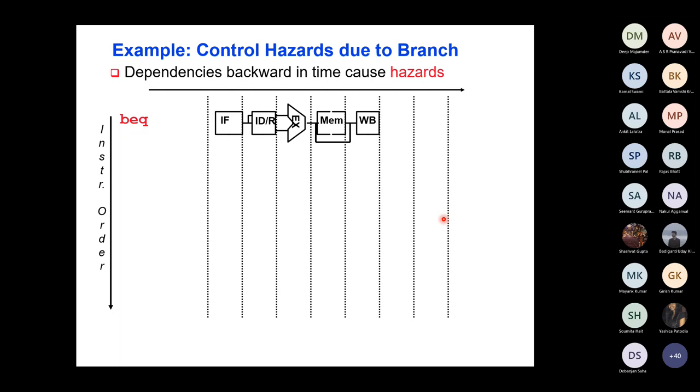The content of the PC would be PC plus 4 if the branch is not taken, or PC plus 4 plus the target offset if the branch is taken. If you remember the overall implementation of the processor, there is specific hardware that takes care of this PC update operation. So when do you think this branch outcome would be known to you?